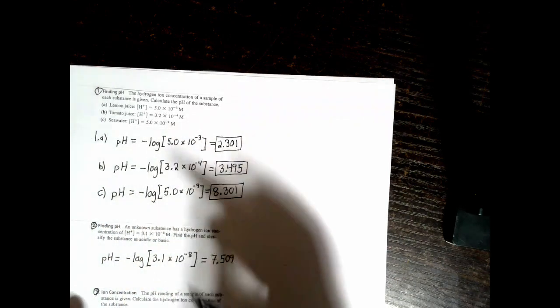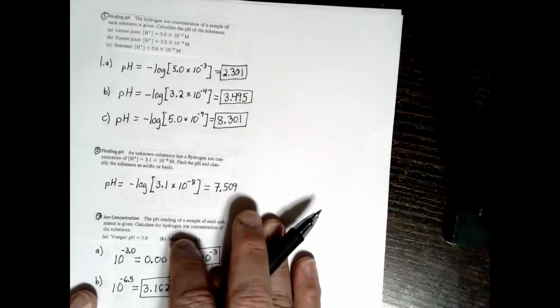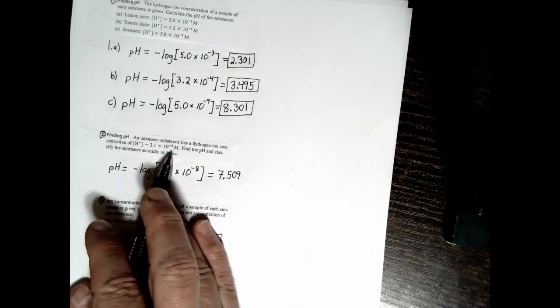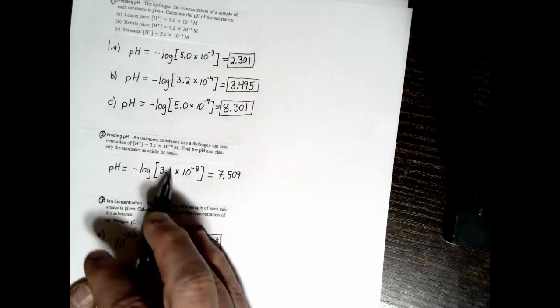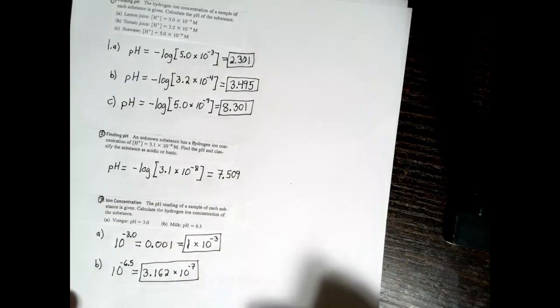Okay, and you'll get 2.301. And do the same thing for this one, you'll get 3.495. And then for this one, you'll get 8.301. Alright. Find the pH for this concentration of hydrogen ion, so you plug that into the negative log, and you get 7.509.